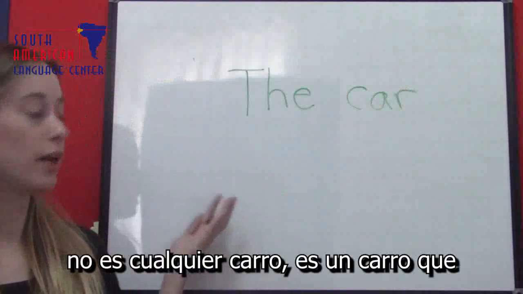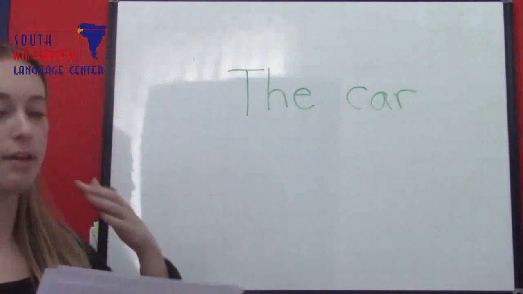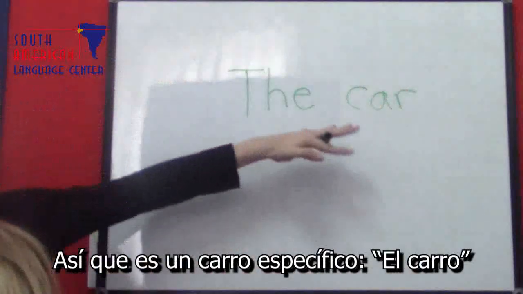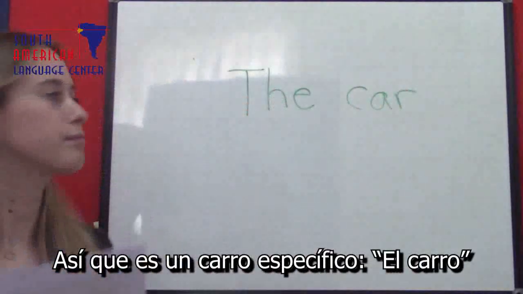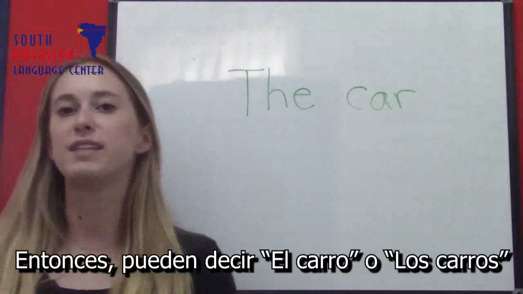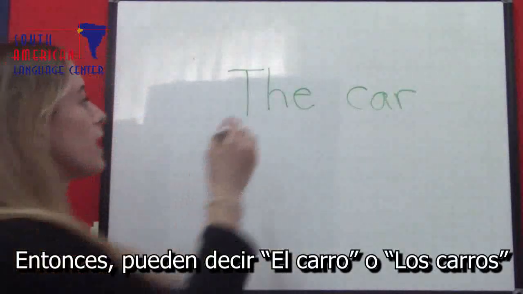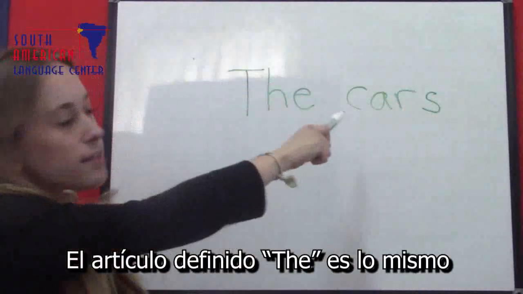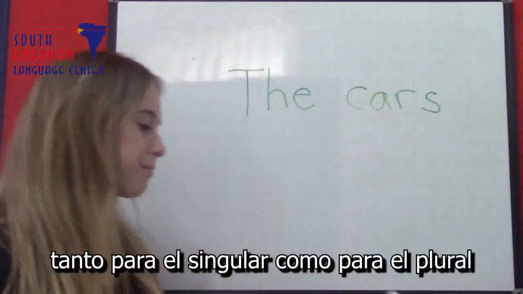It's not any car, it's a car that both the speaker and the listener are already aware of. So it's a specific car, the car. You can also use the in plural form. So you can say the car, or you can also say the cars. The definite article stays the same for singular and plural.